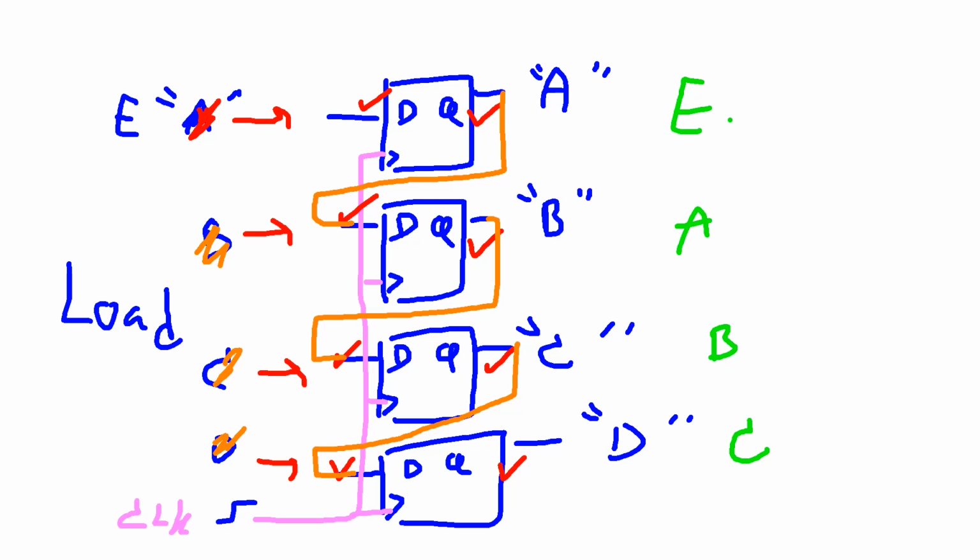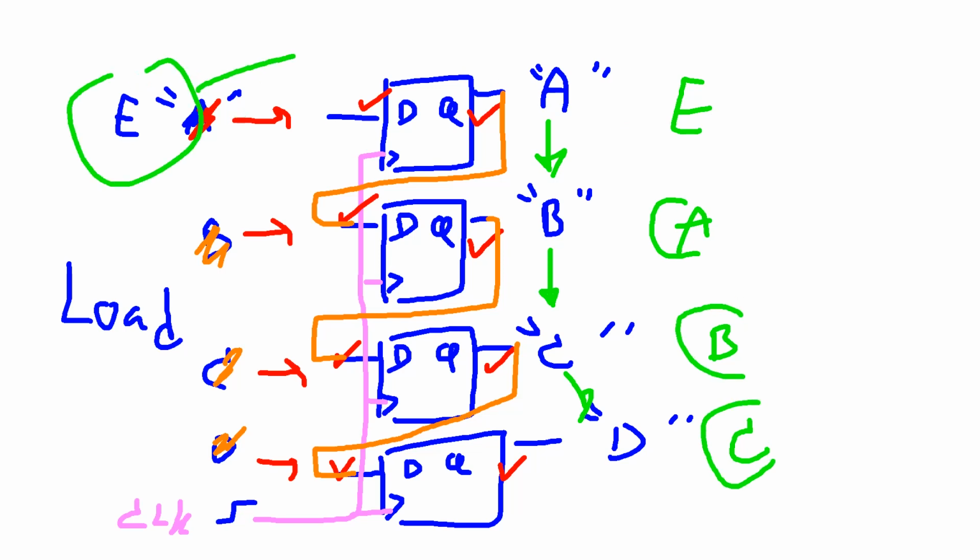So you can consider that the data is shifted, right? The values shift from A to B, B to C, C to D. It becomes A here, B here, C here, and reads data from the input to update this position. So you know that the data is read only as a single bit.